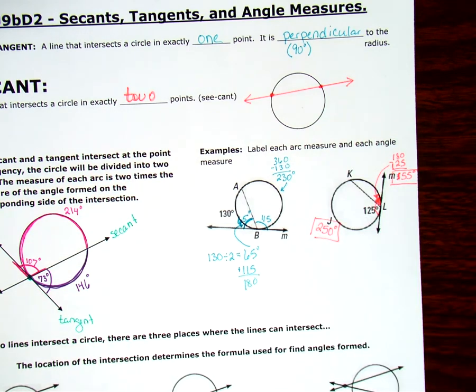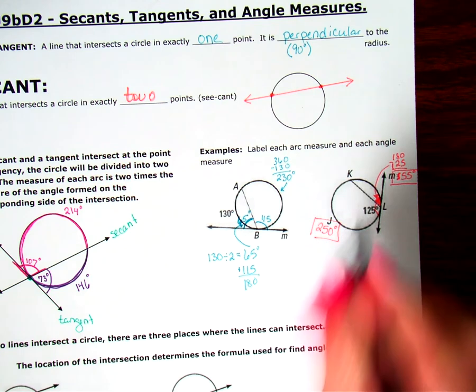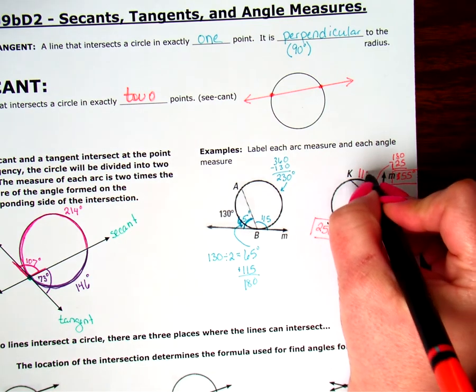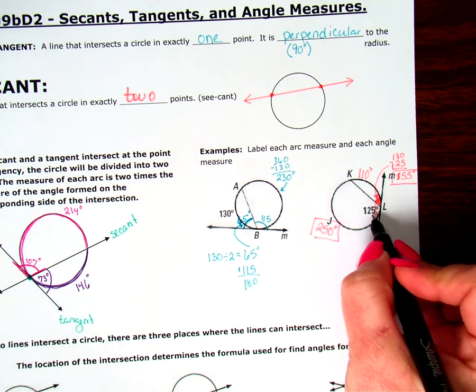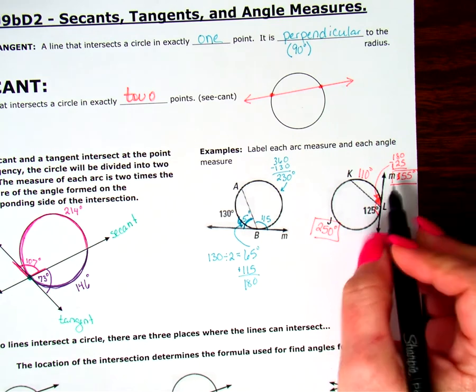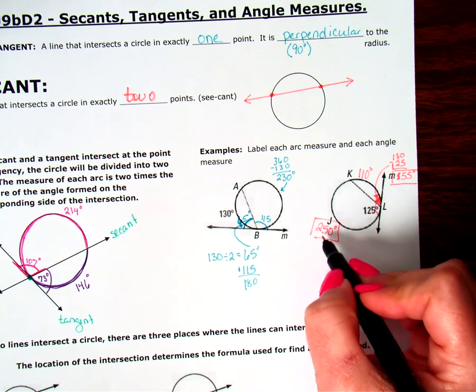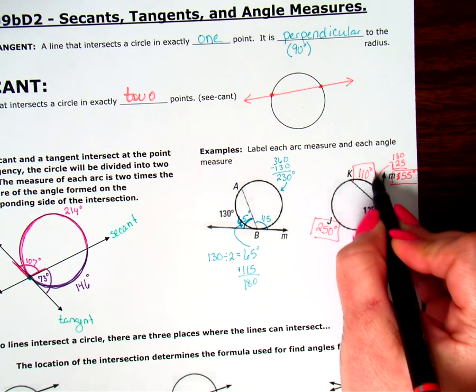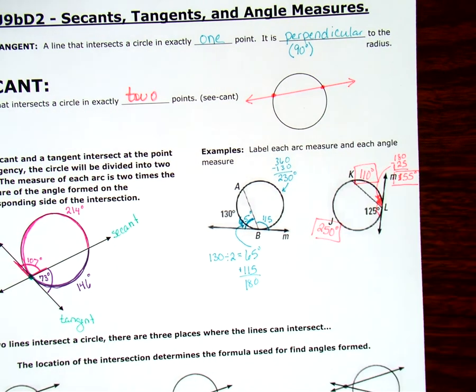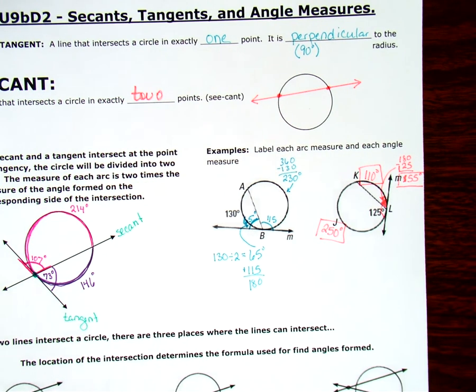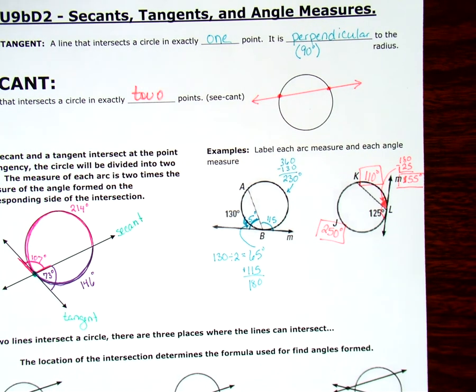And then if I do twice 55, 55 times 2 is 110. I started thinking, how is this angle bigger than the 125? That doesn't make sense. All right, so 55 and 125 make my 180.